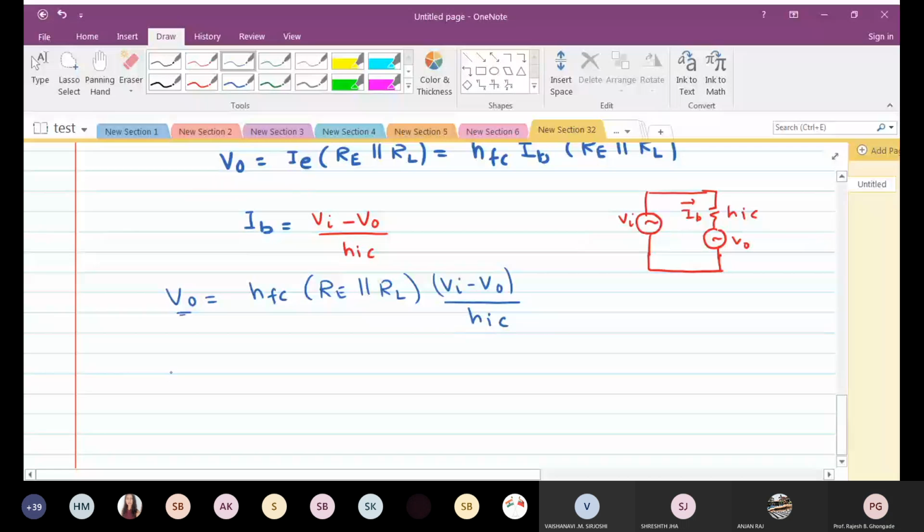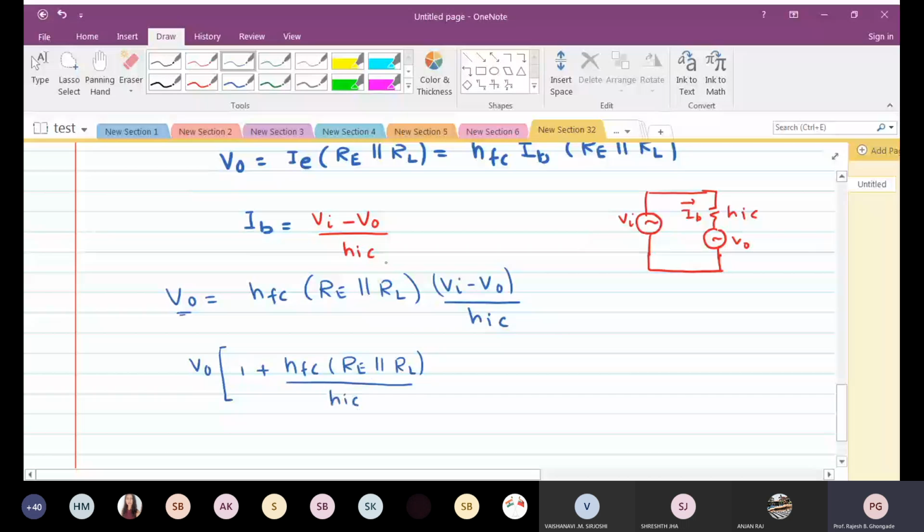So taking Vo common, bringing VO related terms on the left hand side, and then taking out VO common, I get 1 plus HFC RE parallel RL divided by HIC.